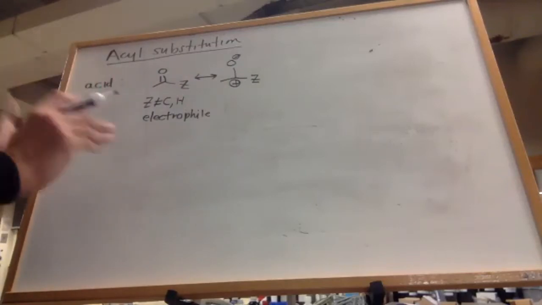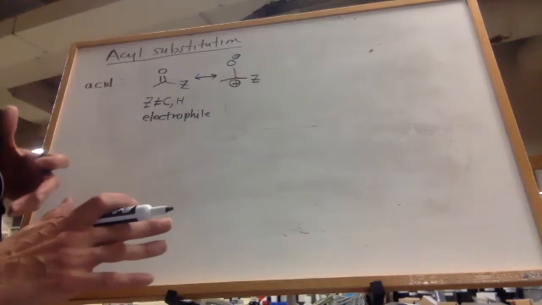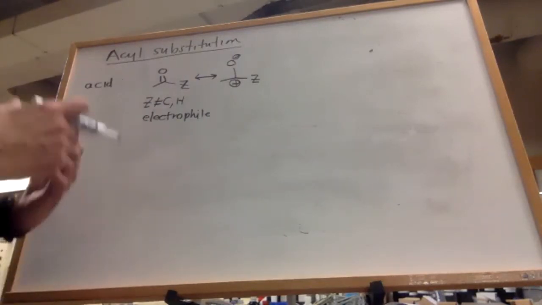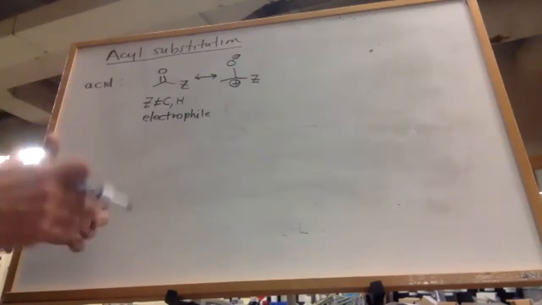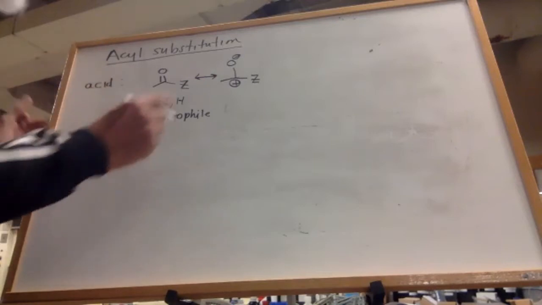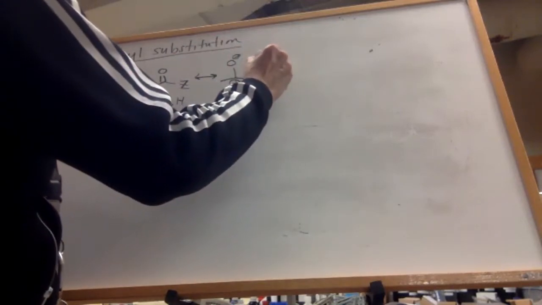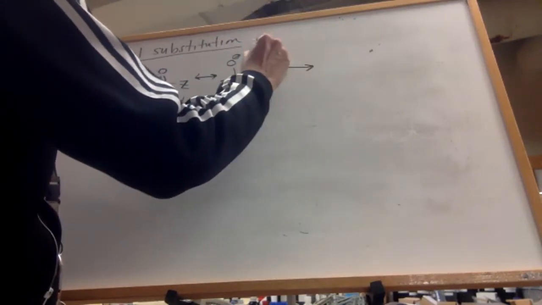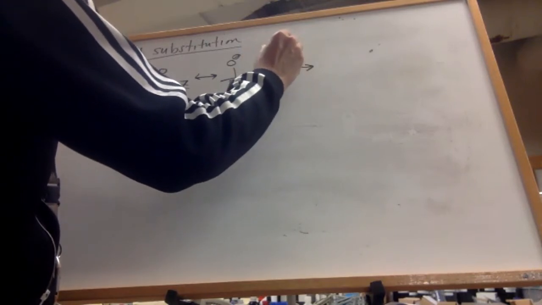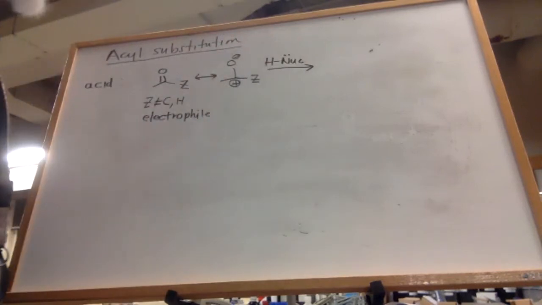That's the electrophile. Now we need the nucleophile. Under acidic conditions, the nucleophile is nearly always going to have a proton on its nucleophilic atom. So I'm going to represent that as H-Nuc. That's the nucleophilic atom of the nucleophile.